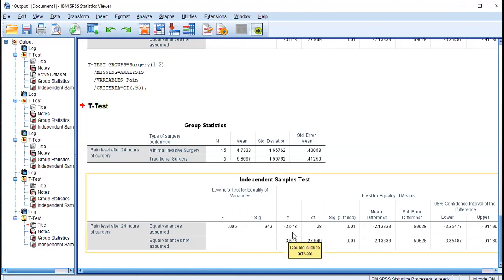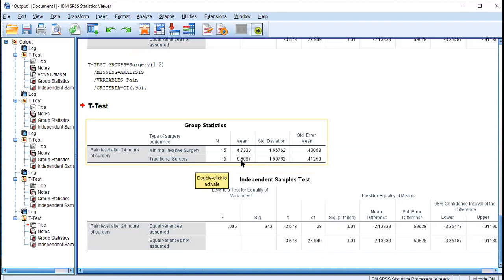Remember, we never write minus in the case of t. It's a neutral thing. We just write 3.578, without a plus or minus, because the t value comes out negative here since the minimal invasive surgery mean is 4.73, whereas for traditional surgery the mean is 6.86.